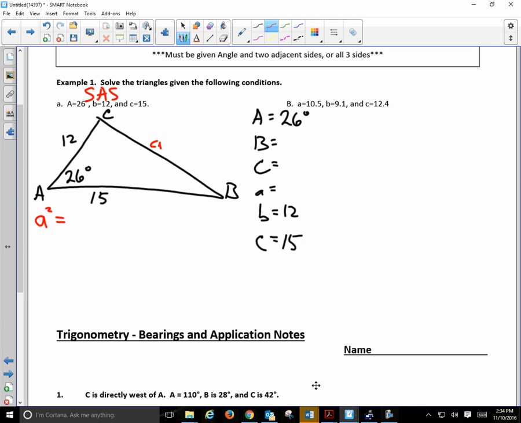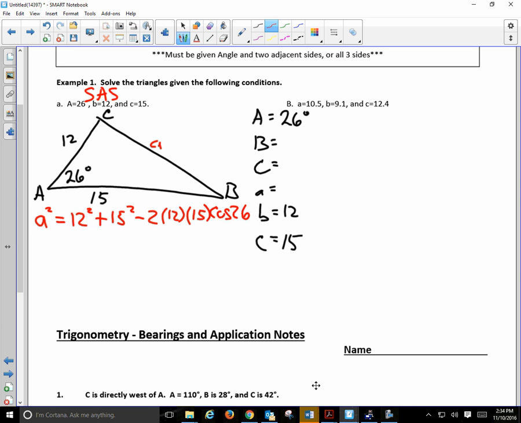What do I plug in now? Use your law of cosines. B squared, which is 12 squared, plus C squared, which is 15 squared, minus 2 times 12 times 15 times cosine of 26.